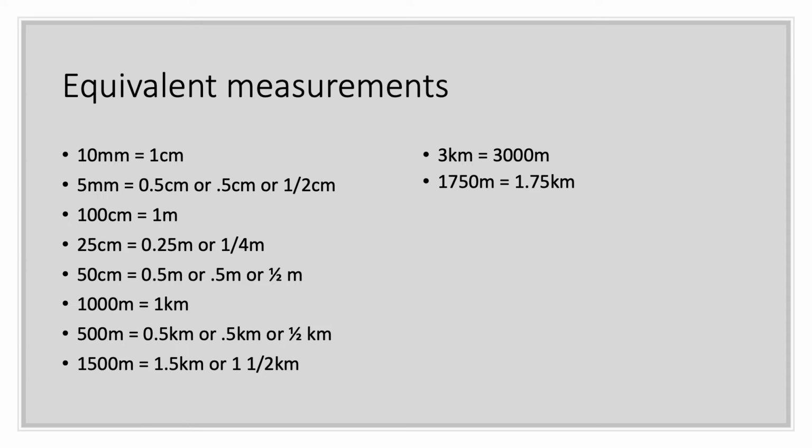Okay, so if we have a look at our equivalent measurements, we have 10 millimeters equals 1 centimeter. 5 millimeters is the same as 0.5 centimeters, or half a centimeter. 100 centimeters is the same as 1 meter. 25 centimeters is 0.25 meters, or a quarter of a meter. 50 centimeters is 0.5 meters, or half a meter. 1,000 meters is the same as 1 kilometer.